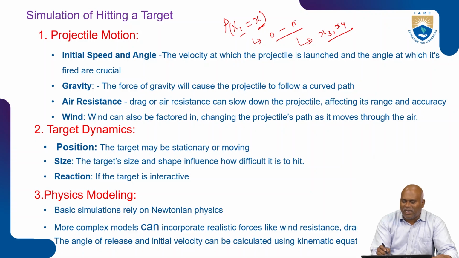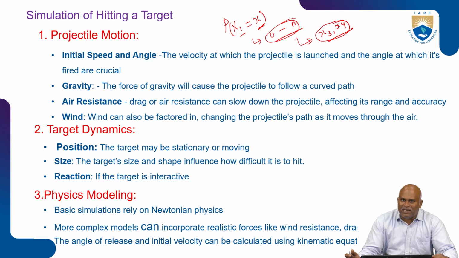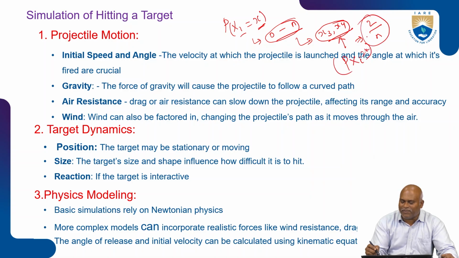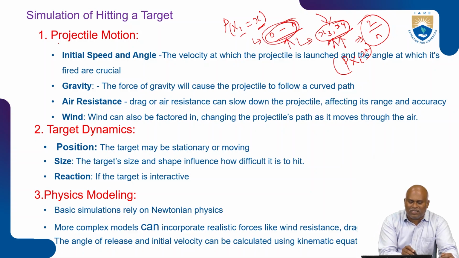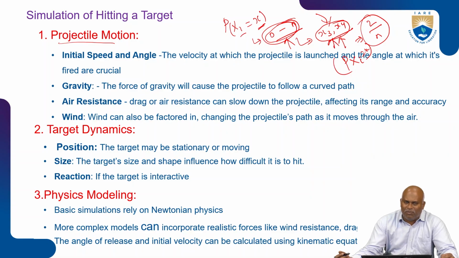So the probability occurs over n times, and in this n we take only 2 events. That is what is represented as a hit. This is the probability of a hit, which means 2 divided by n. So the probability P of x of i equal to x equals 2 by n, because 2 events are hitting. Of the n motions, we take only 2. That is projectile motion.